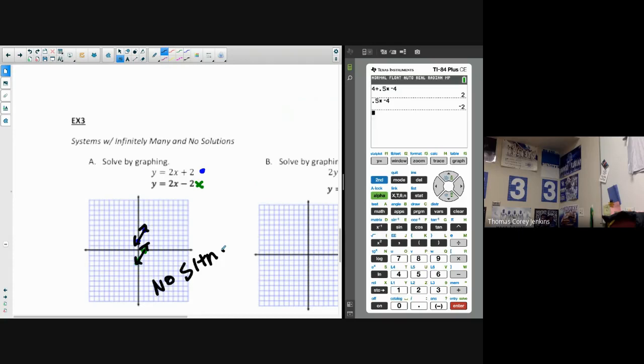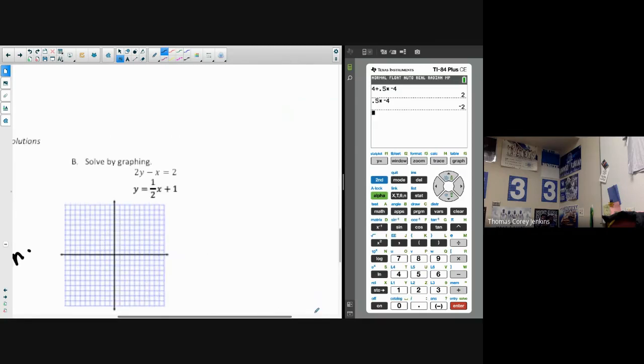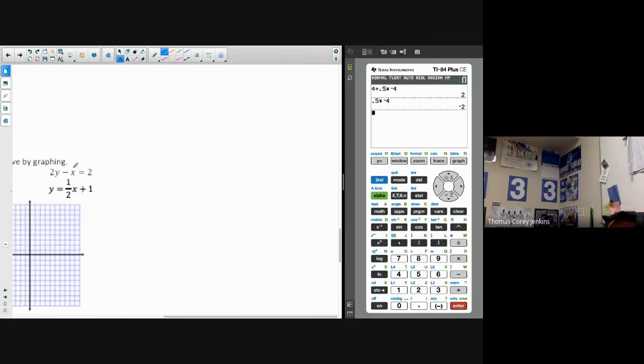You might hear that called, well, I guess that's what they use here. There's like consistent and dependent and stuff, but I don't really care about that, just as long as you know that's no solution. All right, so then the last one, the big part is just your ability to solve for y. So once we do that, it's pretty simple.